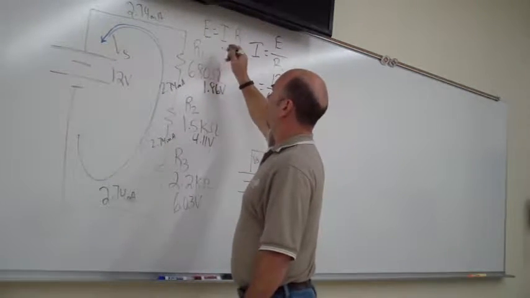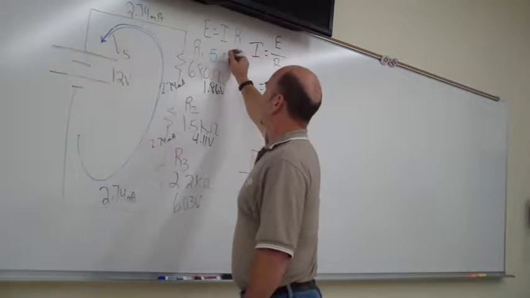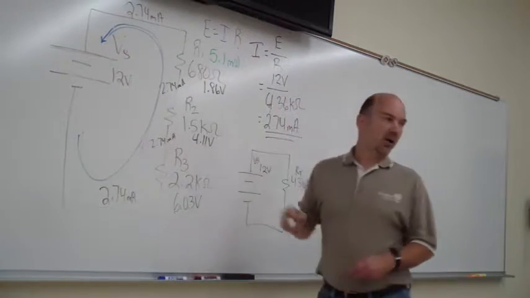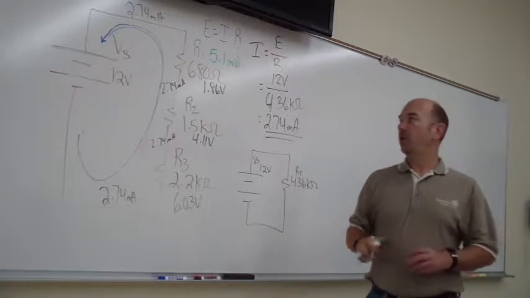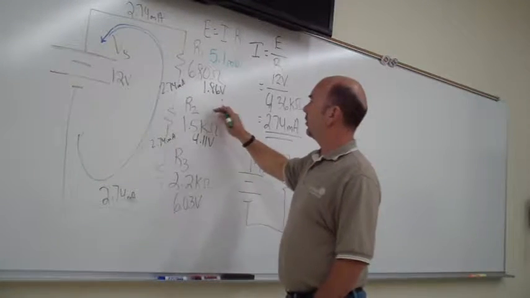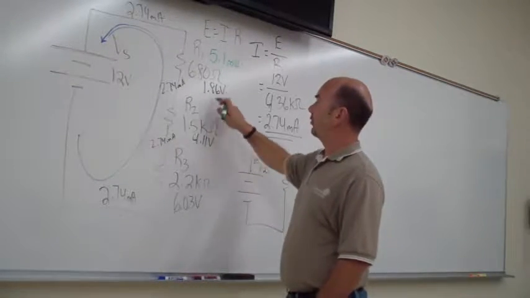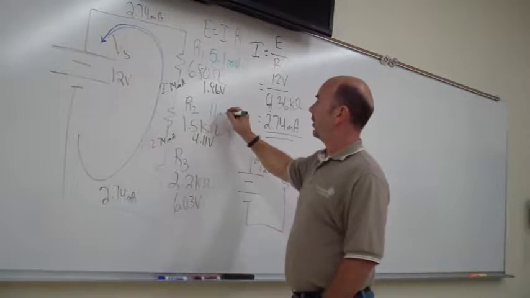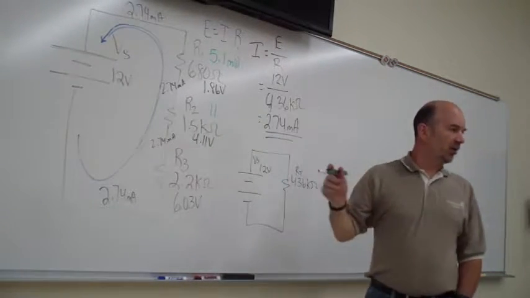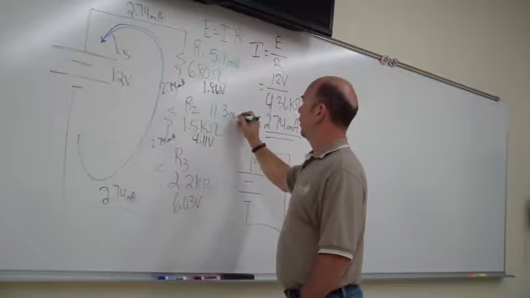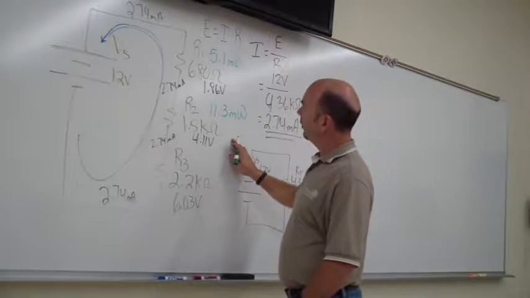When I look at R1, I'm going to see that's 5.1 milliwatts, right? And this one, well, what happened to my resistance? It's almost doubled. So I'm going to see about 11.3 milliwatts.